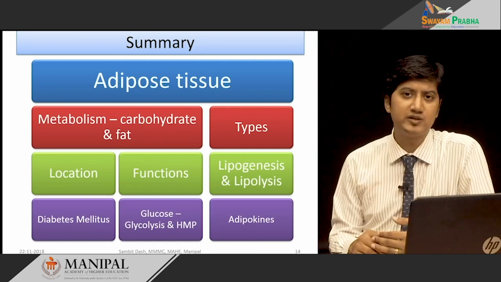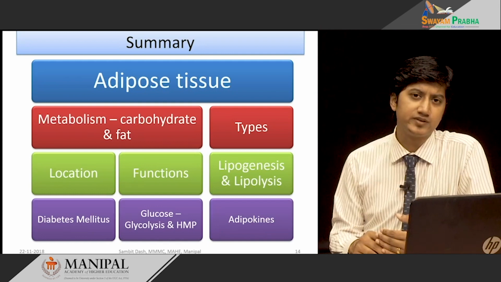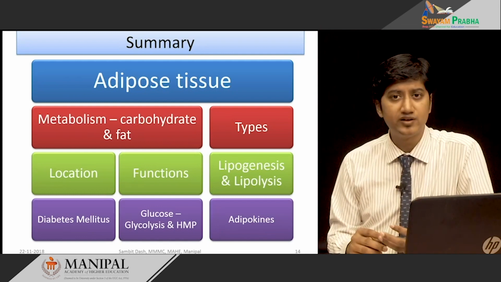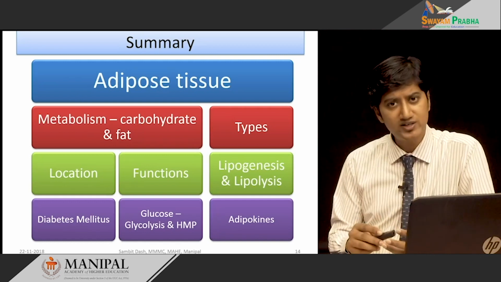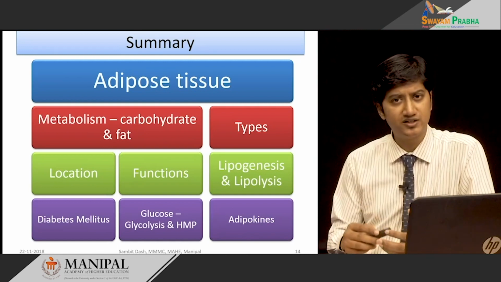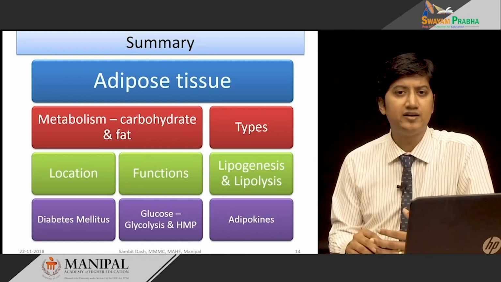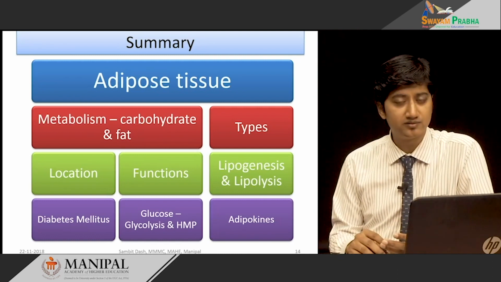Regarding fat metabolism in adipose tissue, we have seen how in a well-fed state, the dietary triacylglycerol is transported into adipose tissue, and so does the endogenous triacylglycerol that our liver synthesizes. Both of these are facilitated by lipoprotein lipase enzyme, again stimulated by insulin.